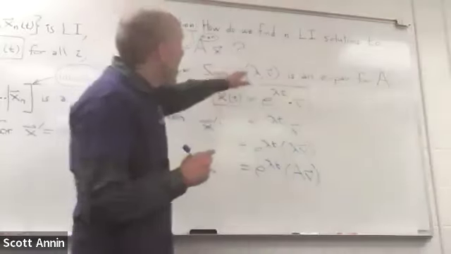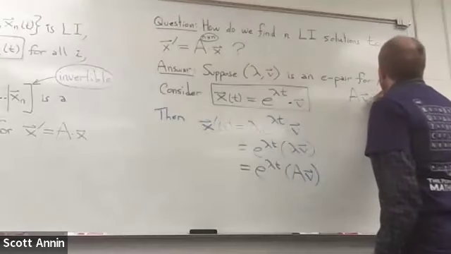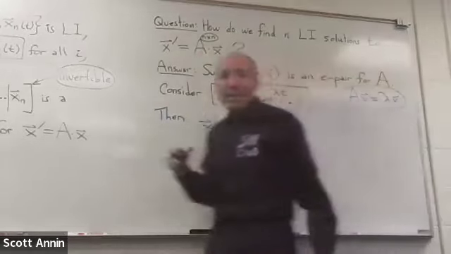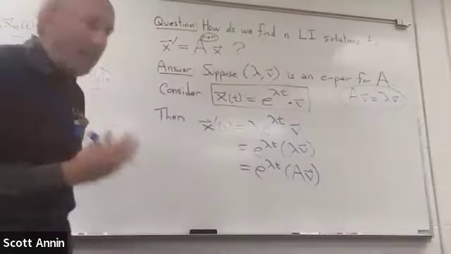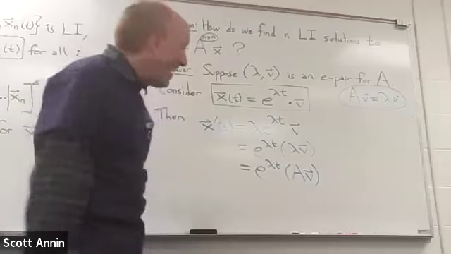You guys remember that? If we have an eigenpair, right? The most important thing about eigenvalue, eigenvector pairs is this right here. Av is equal to lambda v. So I'm going to take lambda v and change it to Av.